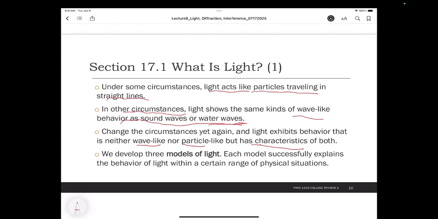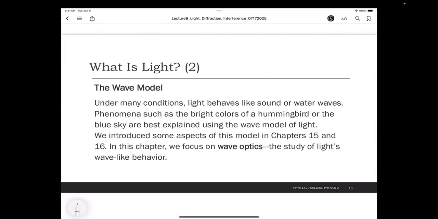Then here we develop three models of light. Each model successfully explains the behavior of light within a certain range of physical situations. Let's talk about those three models for now. The first one is the wave model. Under many conditions, light behaves like sound or water waves.